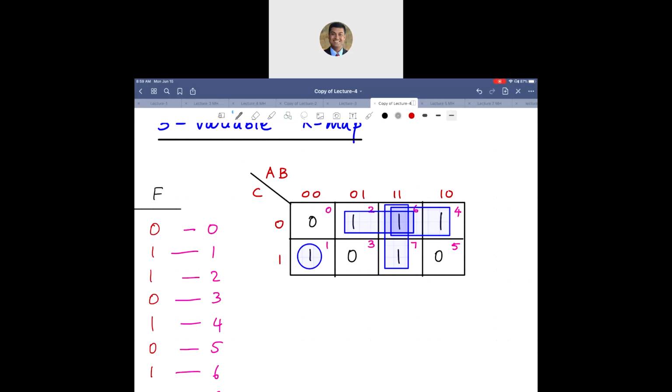and go back to writing the expressions for each of the groups. So how about for this guy? What is the product term for that particular singleton? It's called a singleton. Nothing is able to combine here.